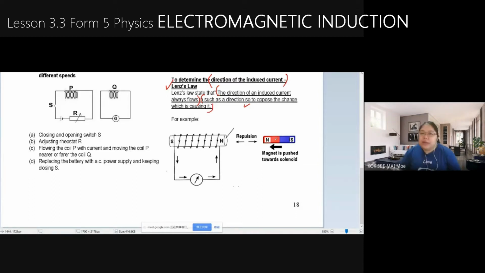Okay, the meaning is, you want to produce the induced current, by using Lenz's law. The meaning of this sentence is the direction of the magnet you want to move always opposes the change. Oppose the change means they always have something opposite, they don't let you go in.